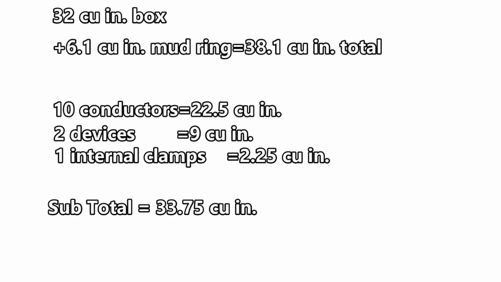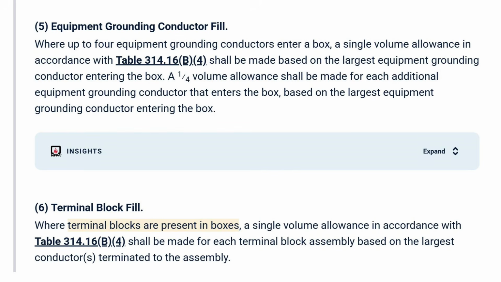So we have a subtotal now of 33.75 cubic inches. Now we just have one more item to add to our box fill calculations. This is NEC 314.16(B)(5), equipment grounding conductor fill, where up to 4 equipment grounding conductors enter a box.